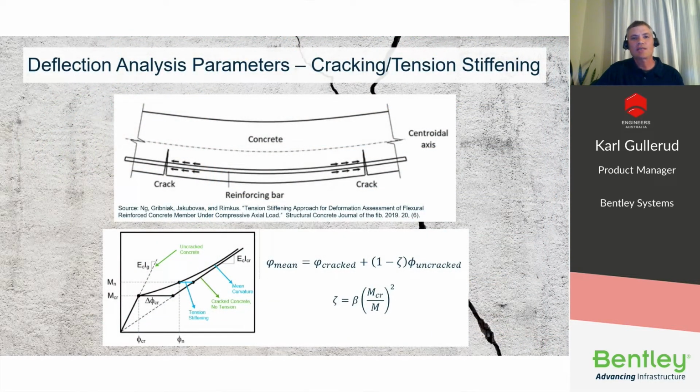Let's review cracking and tension stiffening. Cracks initiate when an applied load or strain produces a tensile stress that exceeds the cracking stress. When a crack forms, stress is relieved at the crack location. It's transferred to the reinforcement, and the stress redistributes to adjacent locations.